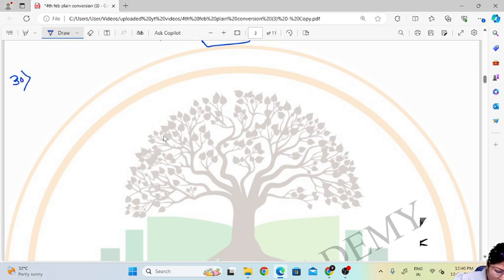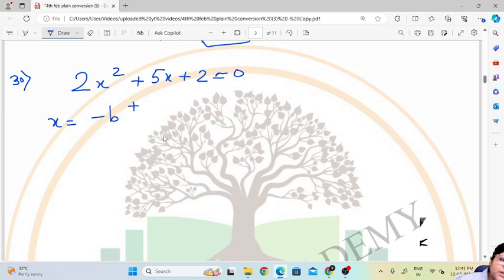Find the roots of the following quadratic equation by quadratic formula. Now this time you have to apply the quadratic formula. So what is the quadratic formula? First let us write that x equals to minus b plus minus under root b square minus 4ac, the whole upon 2a.